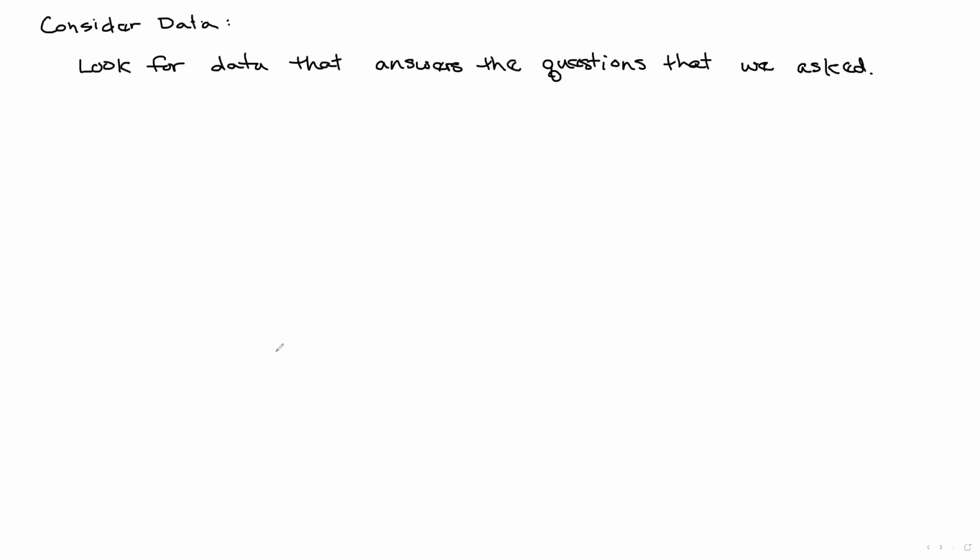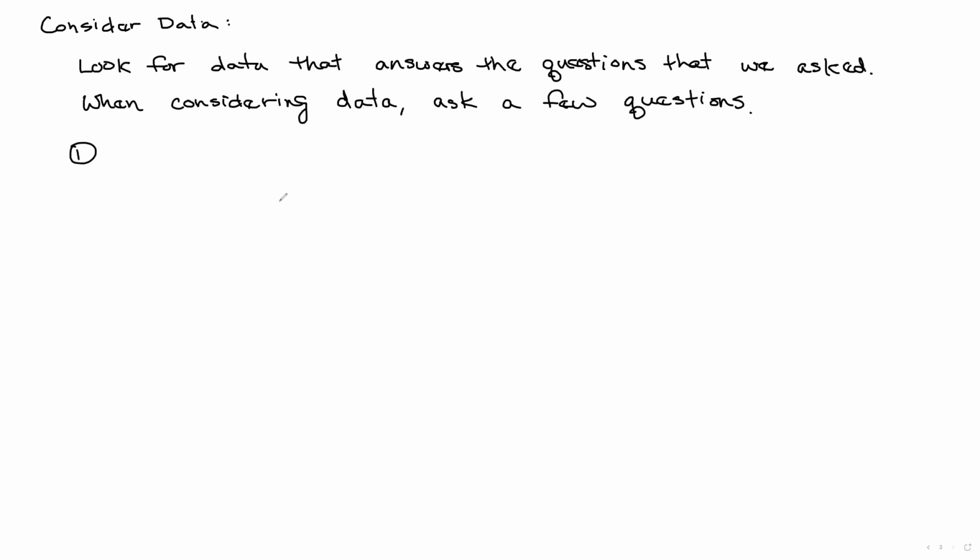When we are considering data sets, we're going to ask some questions about those data sets. So yes, we're going to ask a few questions about the data set that we are using to answer the questions that we just came up with. Sounds complicated. All right. So anyway, the first question we're going to look at: who or what was observed?